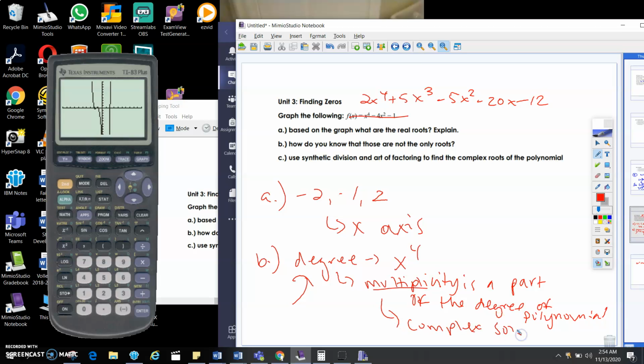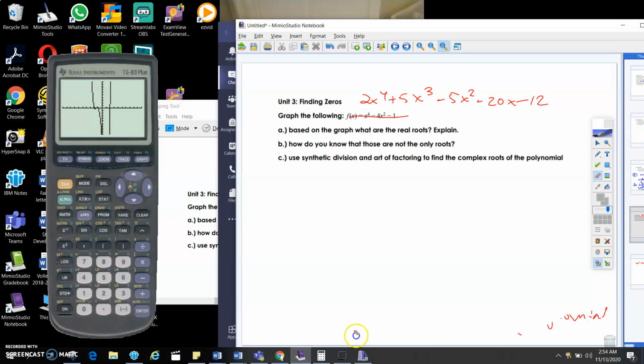In this case, we don't have any, but on your performance file, you might have one that has complex solutions. So on part C, you're going to use synthetic division to kind of prove and find the complex solutions. Okay, so really quick, we only have real, but we're going to use those to help us.